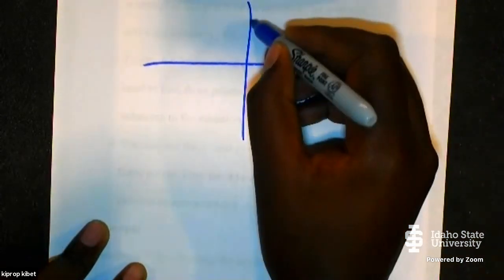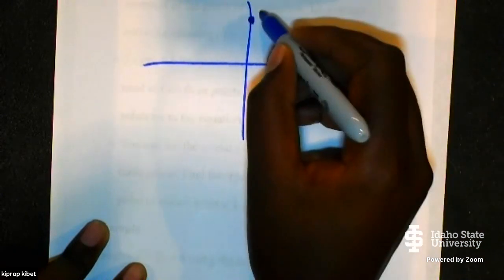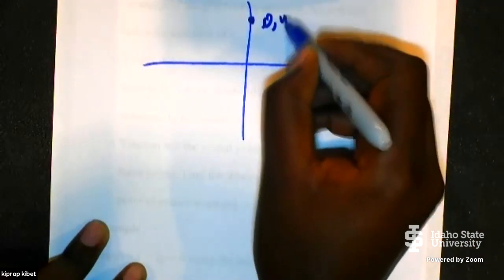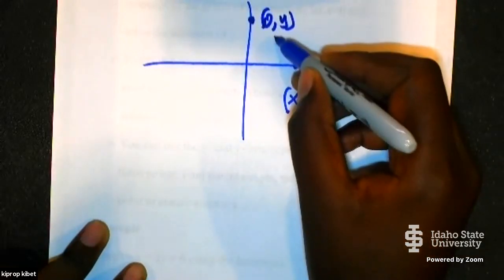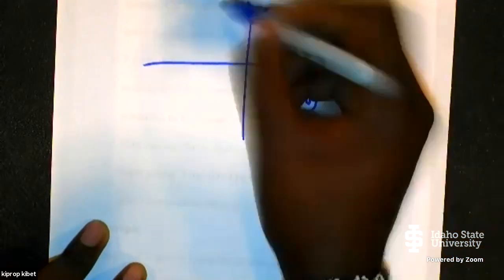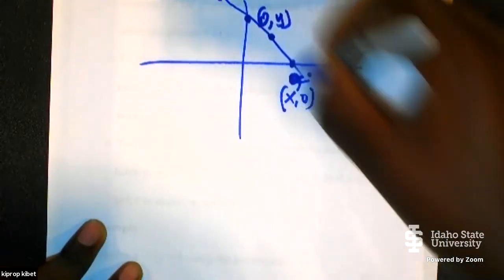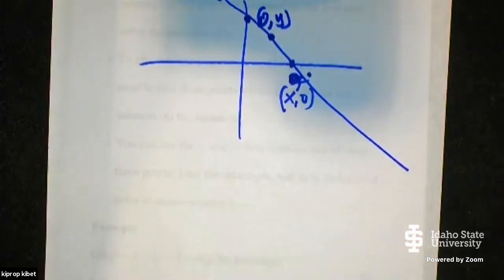And then you have another point here where x equals 0, so (0, y). Then you can get another point, maybe here or here, and then you draw a straight line. Okay? Then you get a straight line. That is what we mean by linear. Linear is where you draw a straight line.